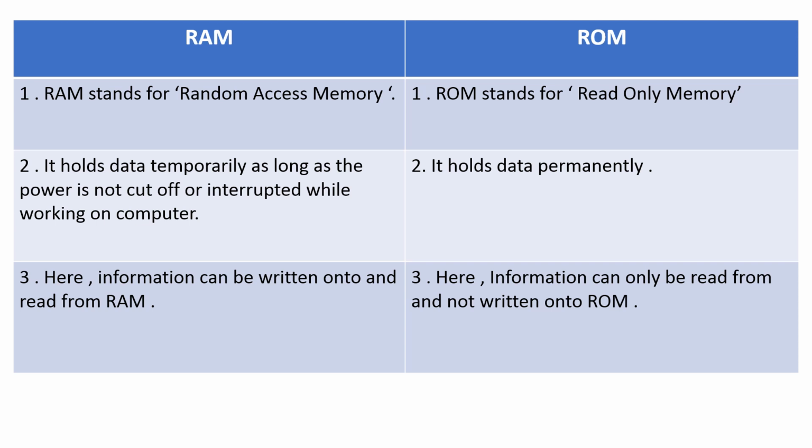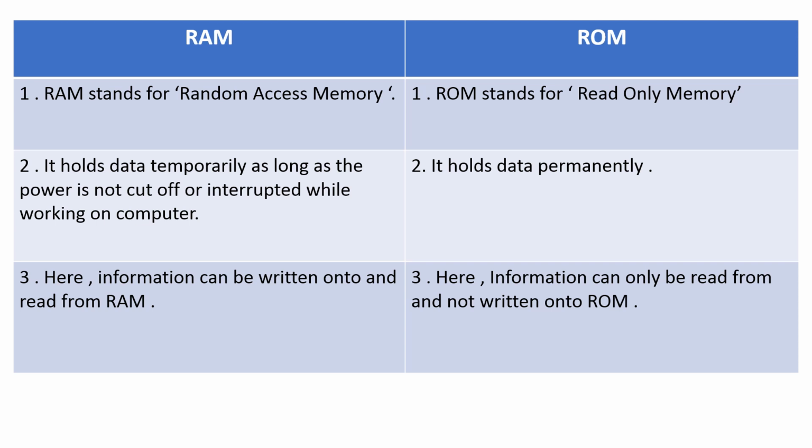But as soon as your computer is switched off, as soon as your power supply is cut off, then after switching it on again, you will not find the task or the data which you have saved inside the RAM, because it just vanishes. That's why RAM is called the temporary memory. Why? Because it holds the data temporarily.